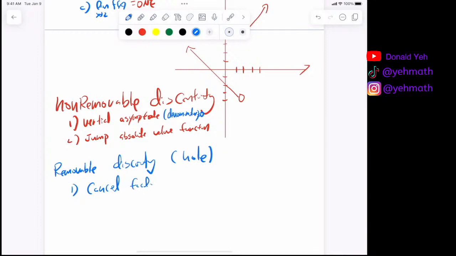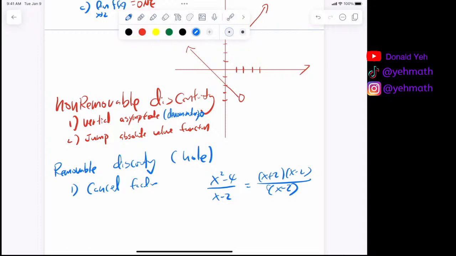You also know it as a hole, which usually comes from a canceled factor. For example, if you have a hole somewhere, let's say x squared minus 4 over x minus 2, that's x plus 2 and x minus 2 over x minus 2. The hole is located where?